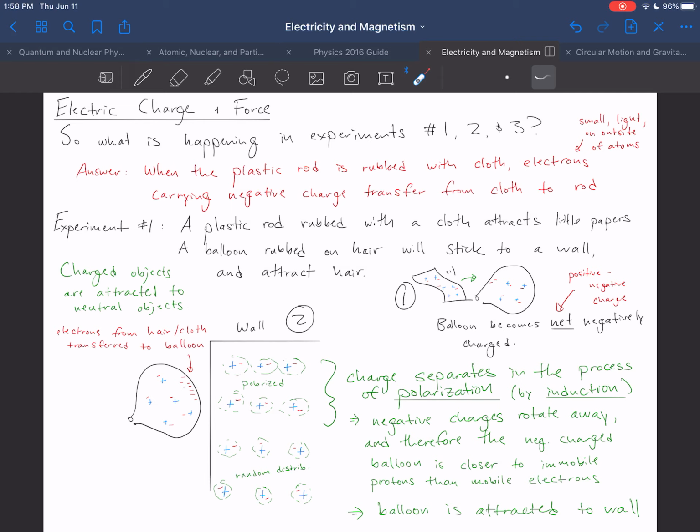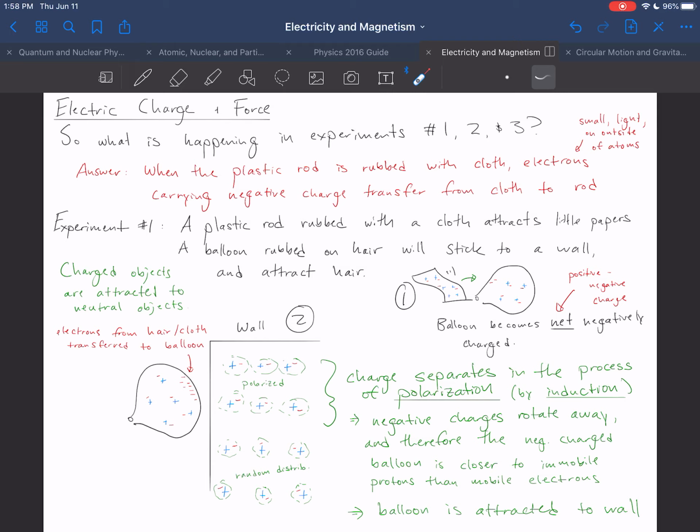Why is this? First of all, it's not because the wall is positive. The wall is net neutral. But inside the molecules of the wall, the extra electrons in the balloon can affect the electrons in the molecules of the wall. Although those electrons can't transfer easily, they can rotate a little bit. They can sort of move around their own molecule.